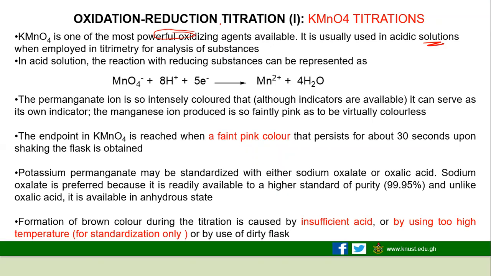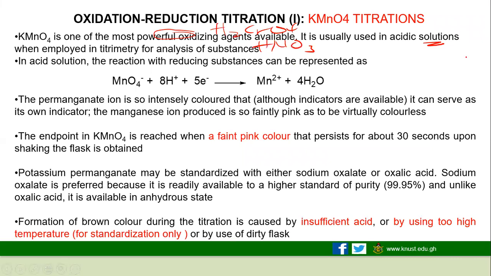Usually you have chromic acid, and then you have nitric acid, which is also a powerful oxidizing agent. You can find more examples of very powerful oxidizing agents.